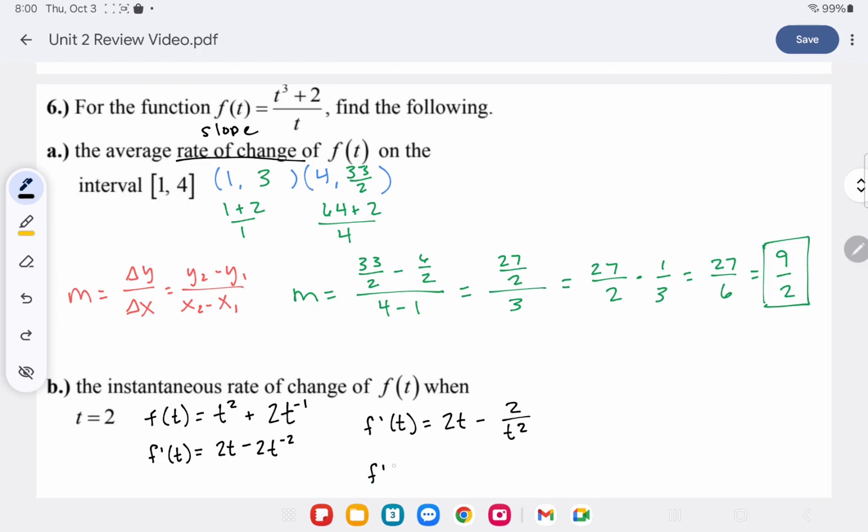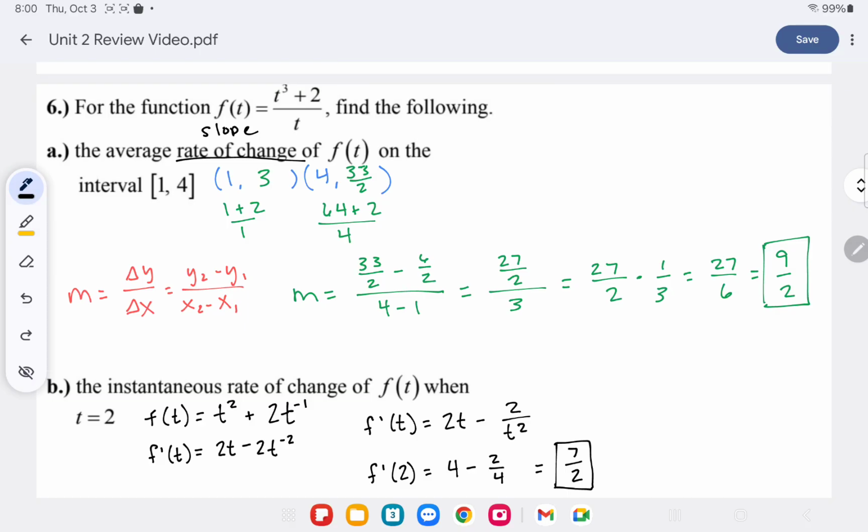Then I'm going to plug in the 2 to get my instantaneous rate of change. So 2 times 2 is 4, minus 2 over 4. So 4 minus 1/2 is 3 1/2, or 7/2 for our instantaneous rate of change.